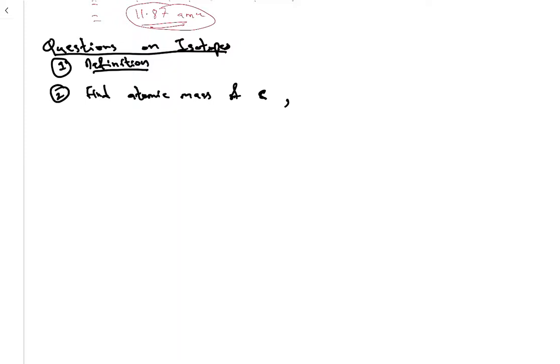So find the atomic mass of, say, carbon, which has 3 isotopes: 12C6, and they'll give you some weight, as we gave in our example, some hypothetical weight, so 11.90 AMU, and they'll give you its abundance, 90%. Another isotope of carbon, 13C6, they'll give you its weight, say 9.00 AMU, and its abundance, say 6%.